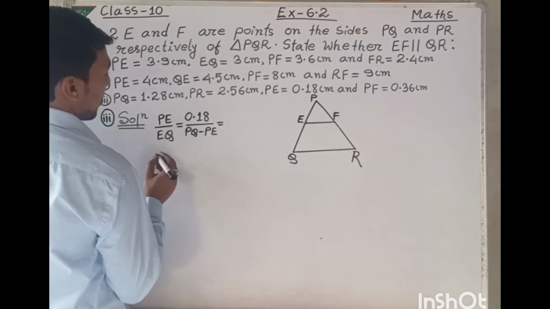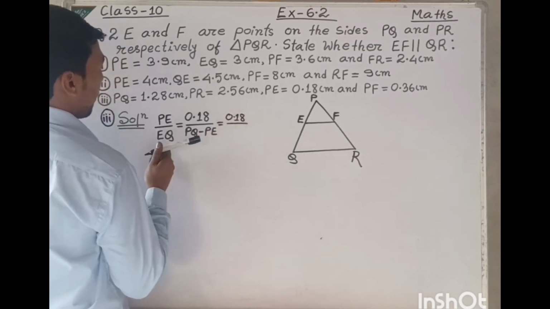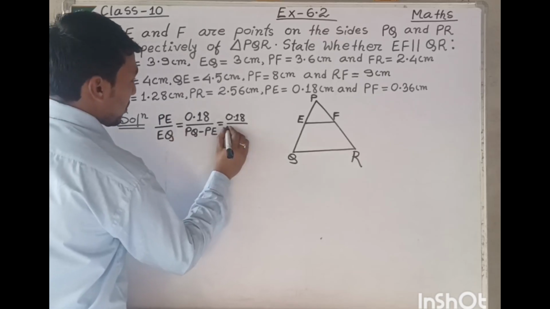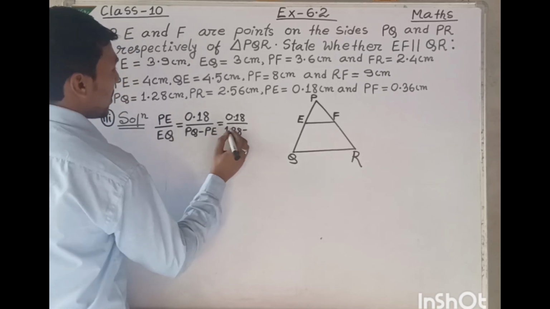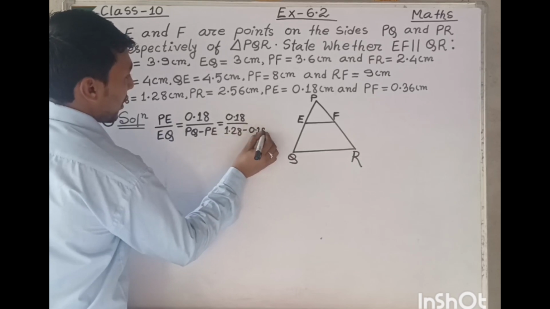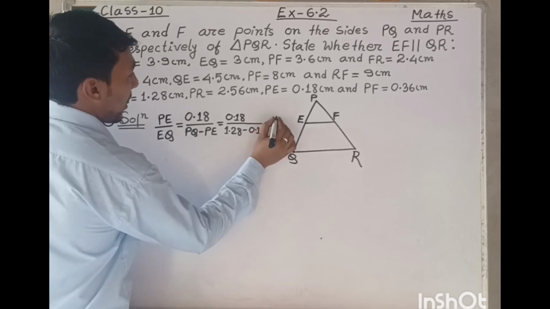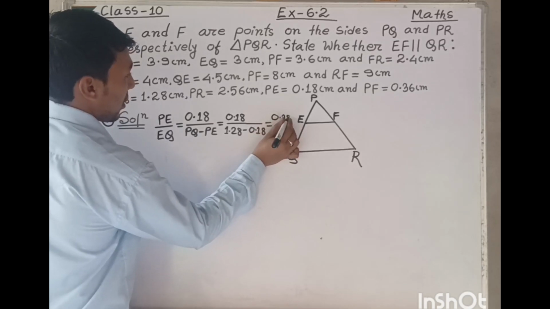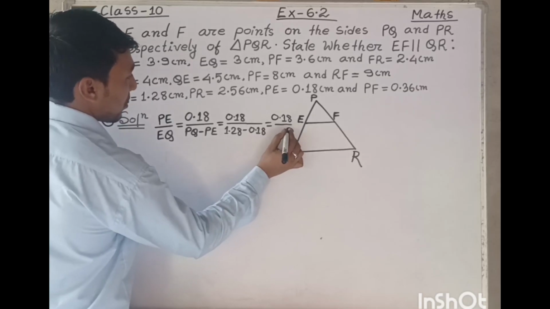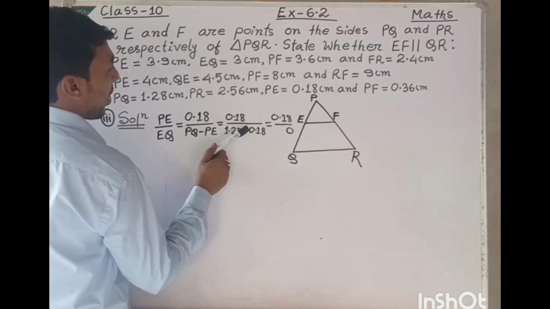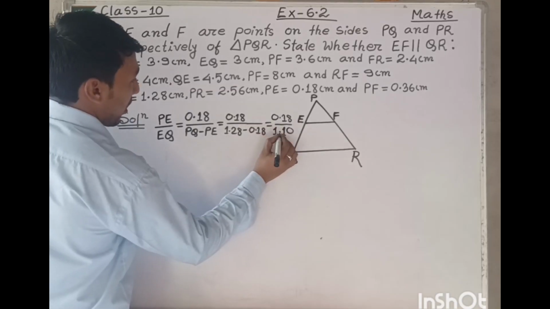So I've written here minus. Now 0.18 by PQ means 1.28, so here 1.28 minus PE, which is 0.18. If you do minus, then 8 minus 8 is 0, 2 minus 1 is 1. Here we have 1, so right here 1.